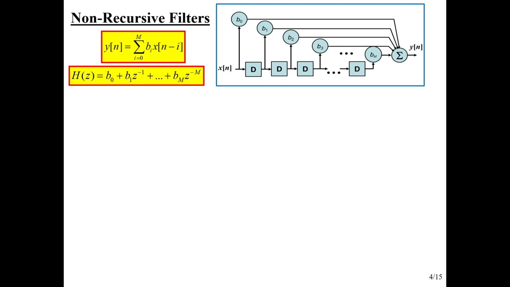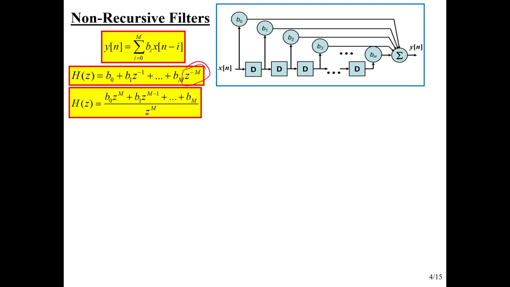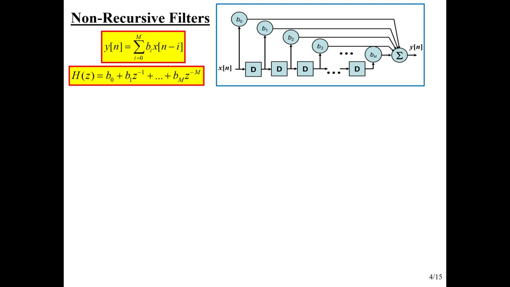Now, we can convert that into what I call z form. So we find the most negative power of z, and we want to clear all the negative powers of z. So let me back this up a little bit: we would multiply by z to the m over z to the m.